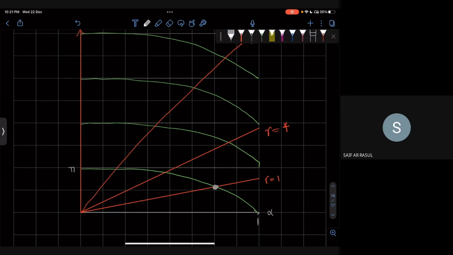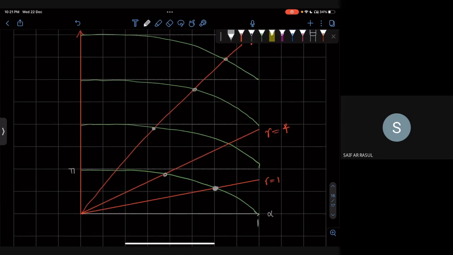So these are going to be the energy eigenvalues. Okay. Any questions?